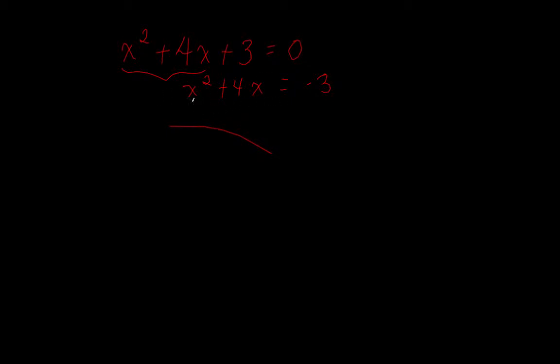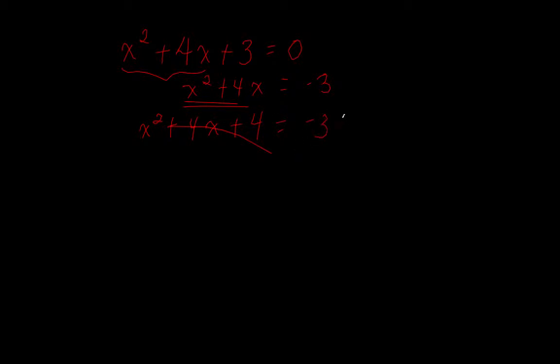So we have this, and now if this was a perfect square trinomial, remember the deal was you had to have half of this squared at the end, because that's what happens when you square a binomial. So x squared plus 4x plus 4, this is a perfect square. But just like any other time, I can't just go around adding junk.